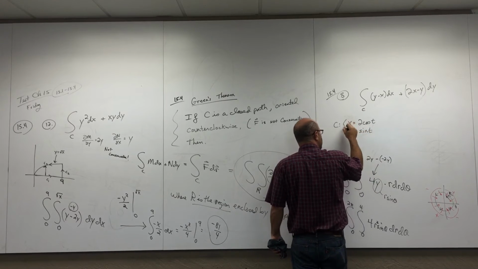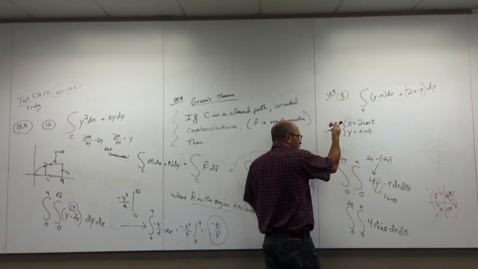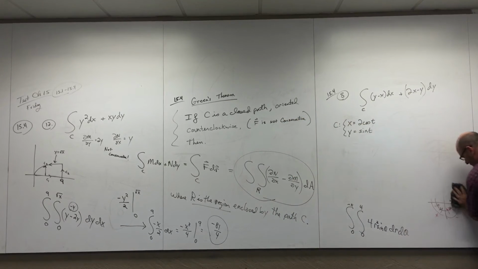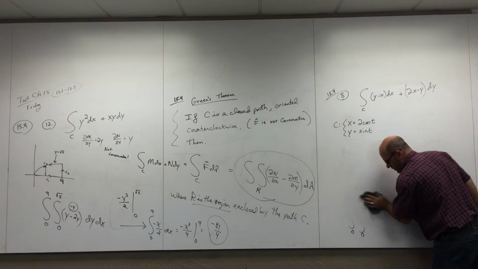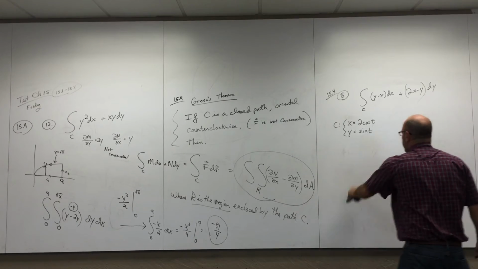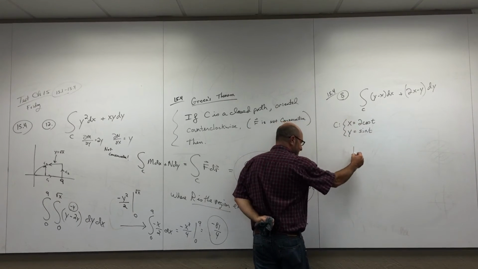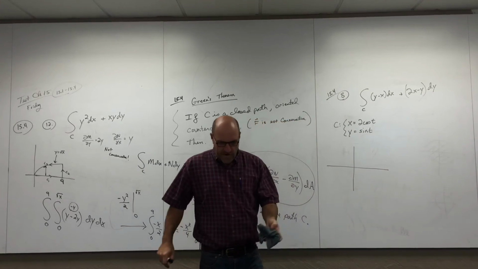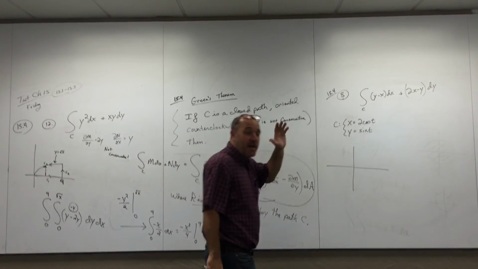All right, well, this is a parameterized curve. And so, what is this parameterized curve? Do you know what that is, you guys? It's very typical to let x equal cosine, y equals sine.